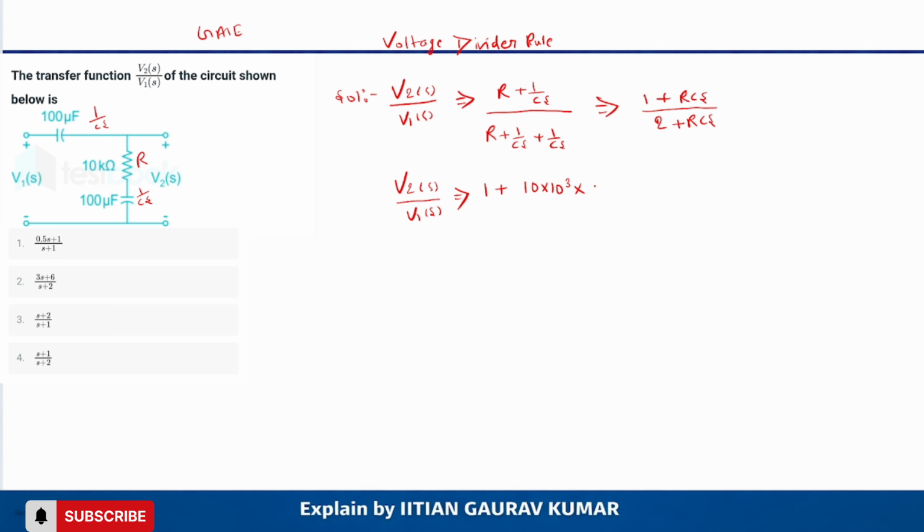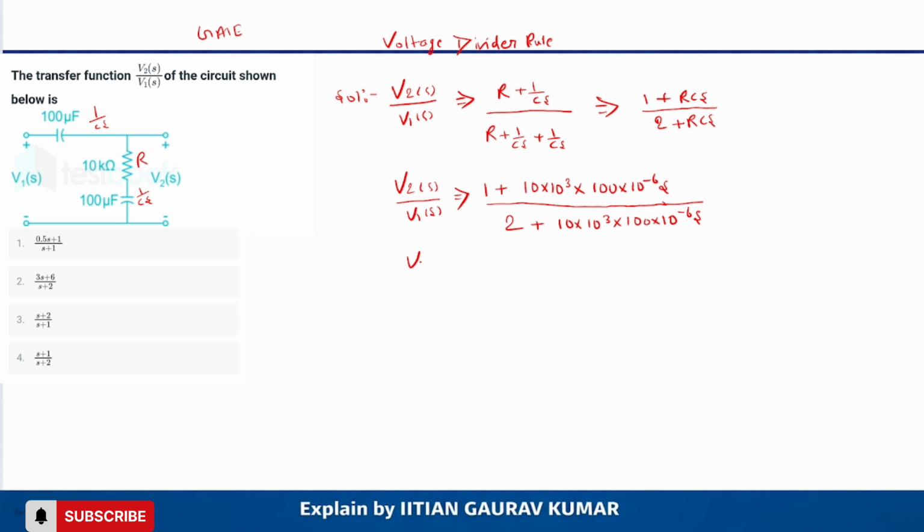C value is what? 100 microfarad, so 100 microfarad means 10 to the power minus 6 S, and 2 plus R is given as 10 kilo ohm, 10 into 10 to the power 3. We convert kilo ohm into ohm by 10 to the power 3, and 100 microfarad to farad, 10 to the power minus 6 into S, okay.